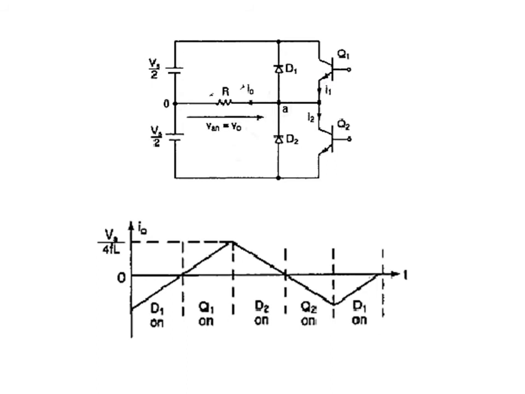For an inductive load, the load current cannot change immediately with the output voltage. If transistor Q1 is turned off at t is equal to T0 by 2, the load current will continue to flow through diode D2, load, and the lower half of the DC source until the current falls to 0.